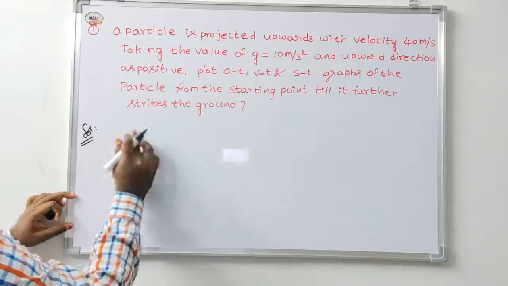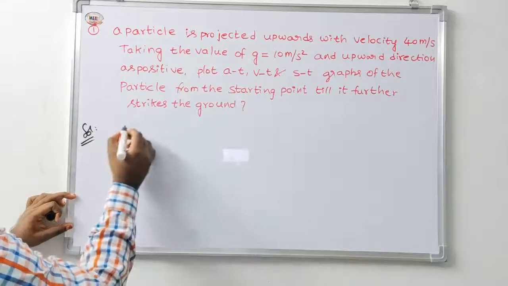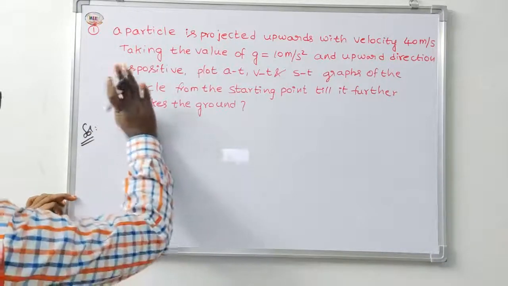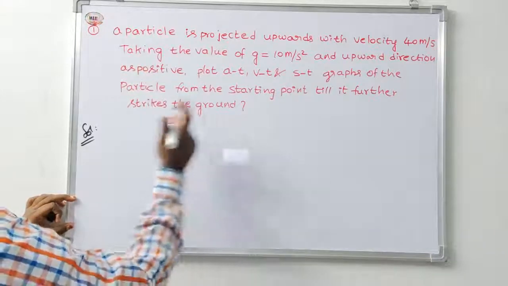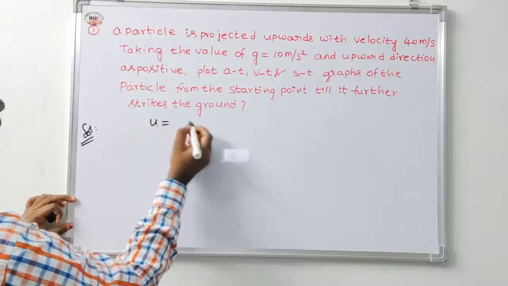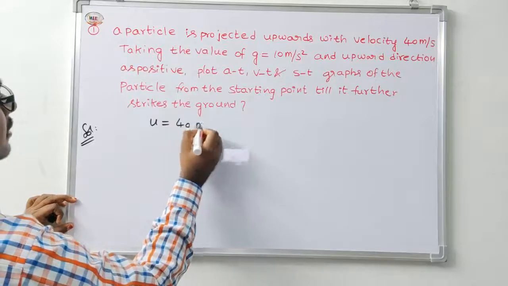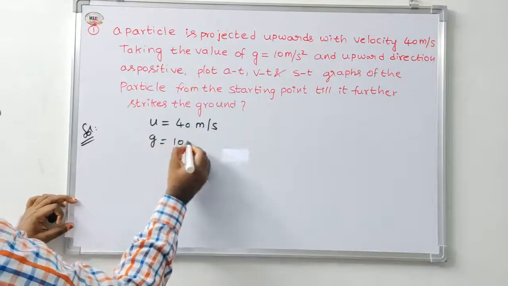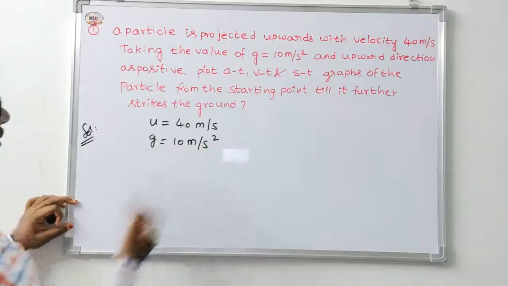The time of ascent and time of descent are equal. First write the given data: u is equal to 40 meter per second, g is equal to 10 meter per second square.